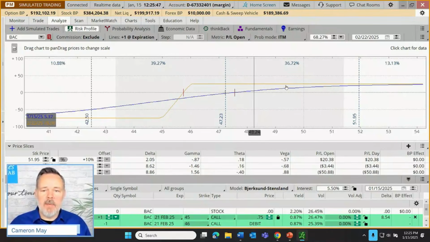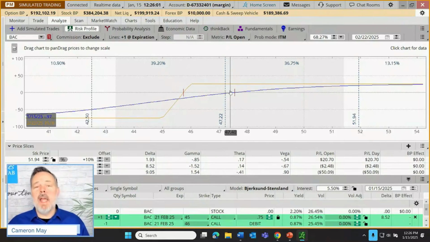So there's a good chance that we might wind up here at maximum gain. There's also a good chance we might wind up down here under maximum gain, break even, or even down in max loss territory. So that's what the gray area represents.